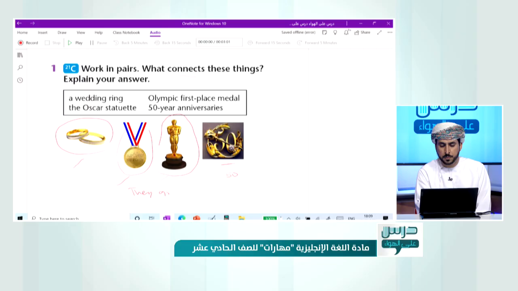Of gold. Here, this is the color of gold, and also the wedding ring is made of gold. What about 50-year anniversaries? After 50 years of something, they call it the golden year.